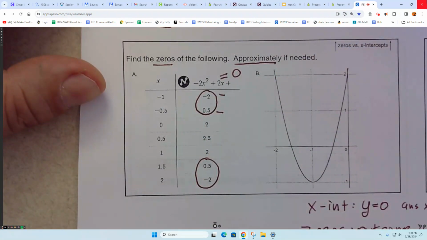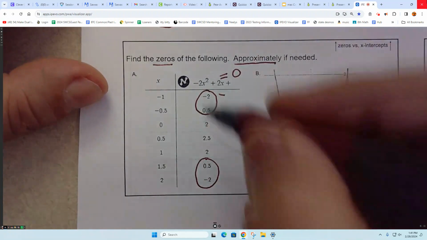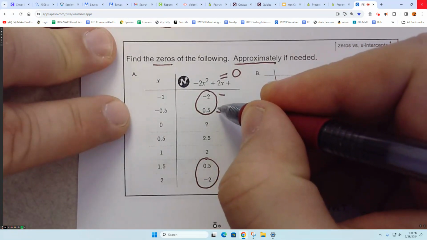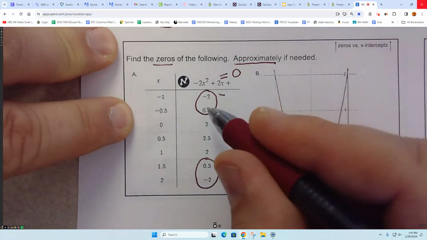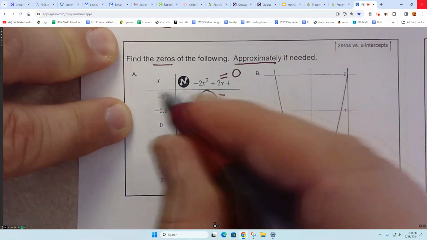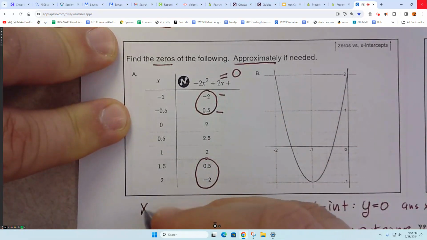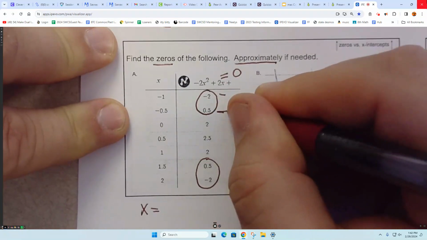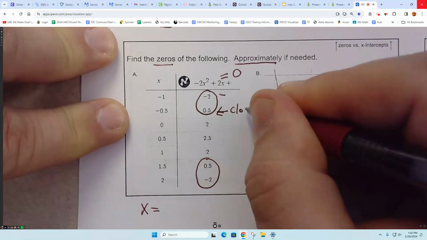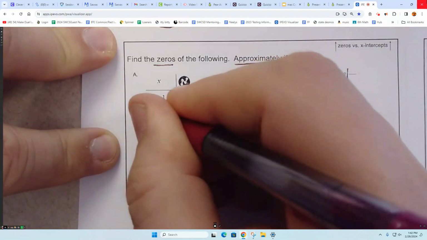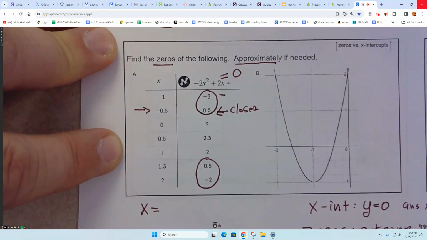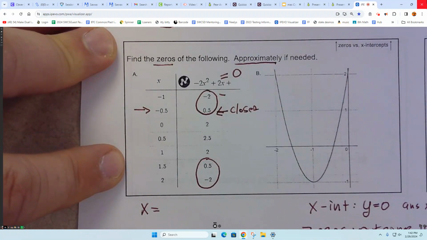Where do we think that is? We think it's closer to this bottom number. The answer is not 0. I want to know what is the x when we think this is going to be 0. We said it's closer to here, so give me the number that you think that might be.